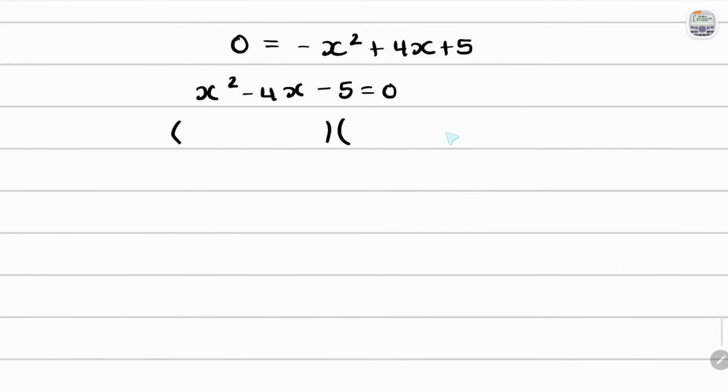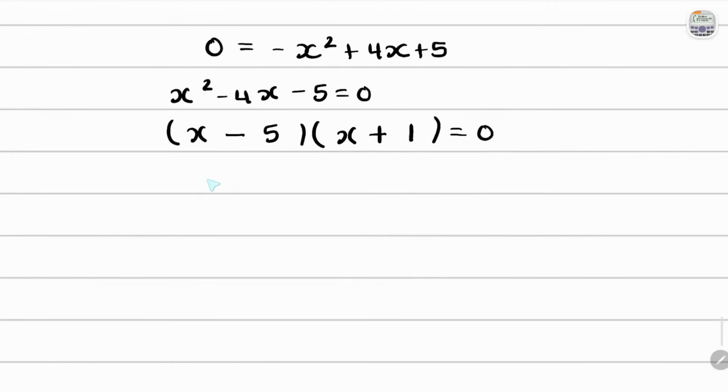And now we factorize. x multiplied by x gives you x squared, and factors of negative 5: 5 is a prime number, so it's just 5 and 1. One should be negative so that we get a negative 4 in the middle, and we give the negative to the bigger number, the 5. So x is equal to 5 or x is equal to negative 1.